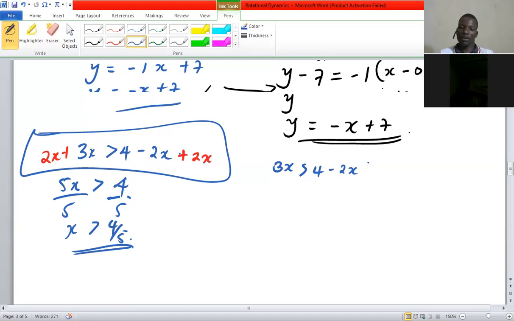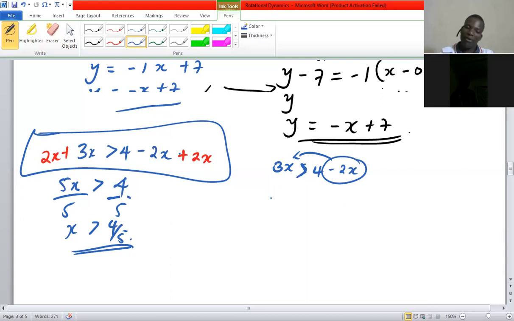So maybe you are used to this, which I'm about to say now. You say we group the like terms together. So negative 2x crosses to this side, and when negative 2x crosses to the other side, it will become positive.